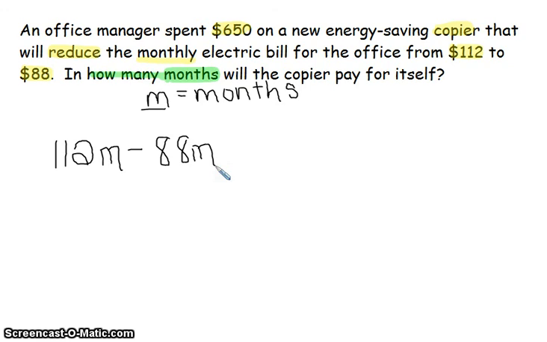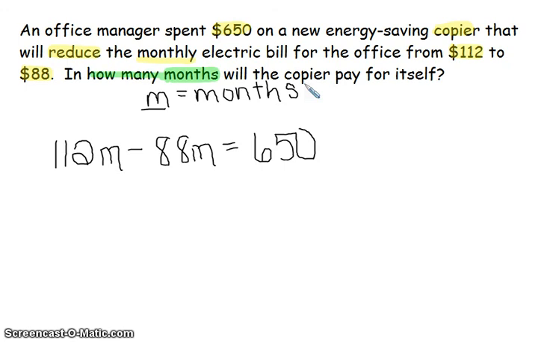So we want to know how many months is that going to take to equal $650? Because we want to know, when does this copy machine pay for itself? How long is it going to take until we actually are going to start saving money? We got to get this $650 out of the way, and then all the rest of that money each month we are saving.